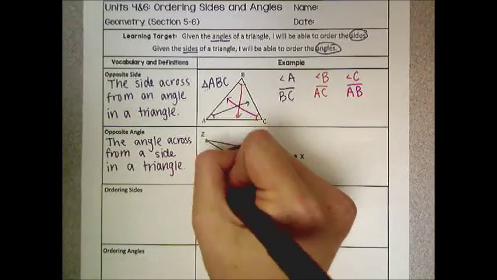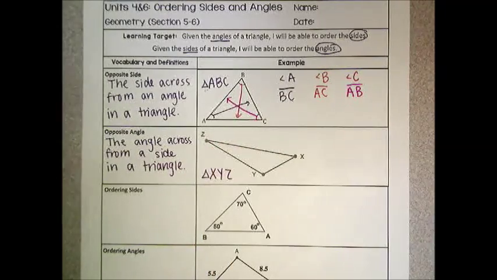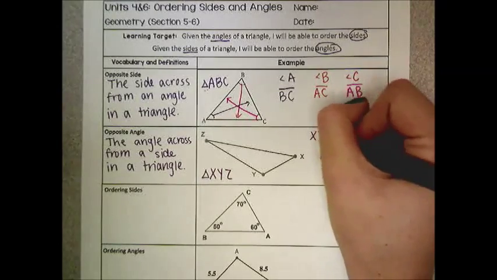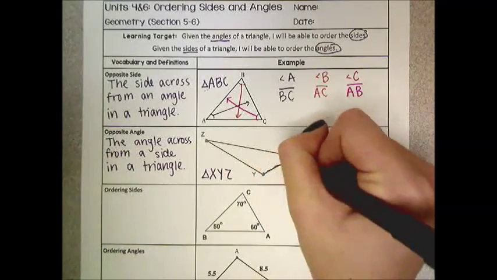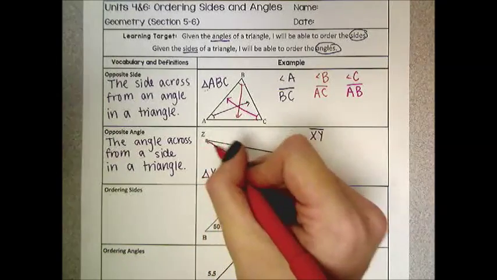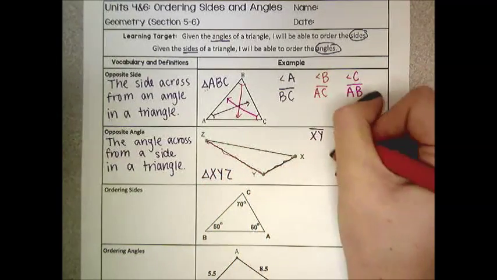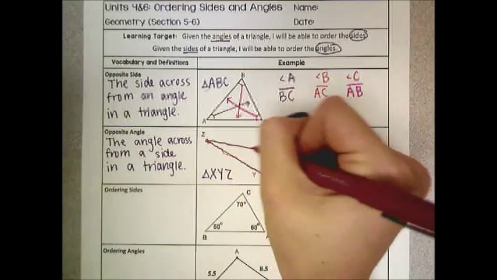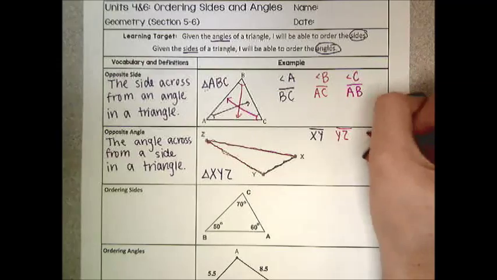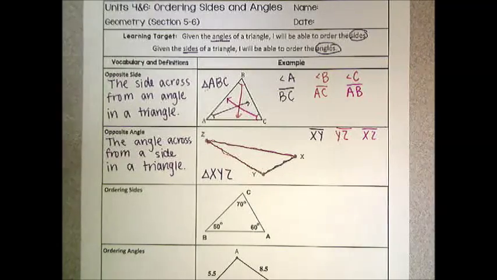Again, if we have triangle XYZ here, this time I'm just going to name the sides of my triangle. So I've got side XY, I'll color that in for you, purple. I've got side YZ, and last but not least, I have side ZX or XZ.